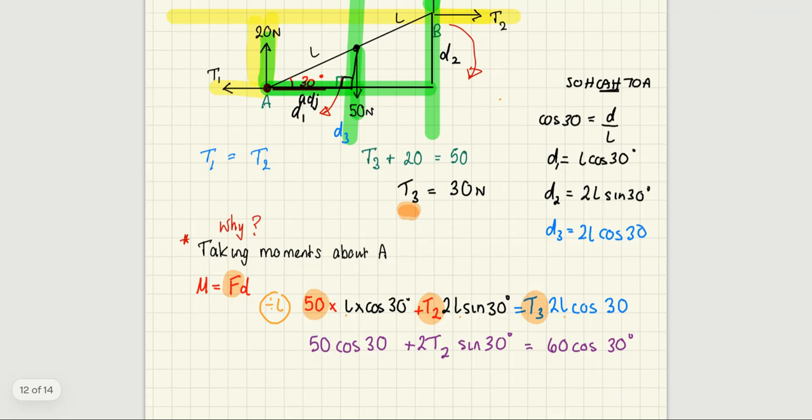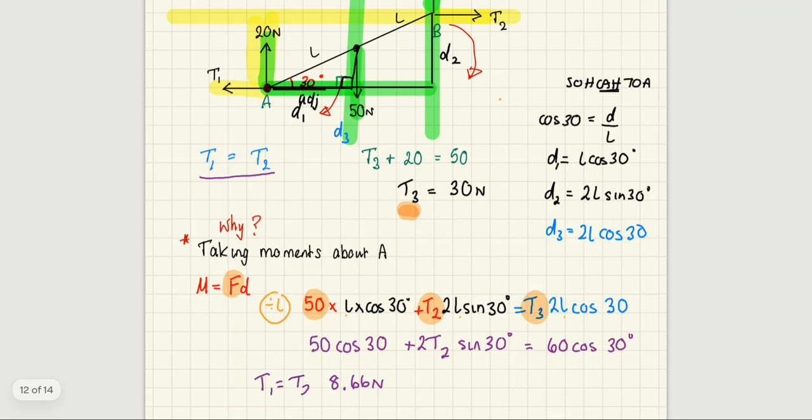We now have an equation with only one unknown, which you can tell me the answer to. And obviously we know that T1 is equal to T2. So once we found T2, we know what T1 is. So over to you. Well, we should write it as 8.66 newtons.